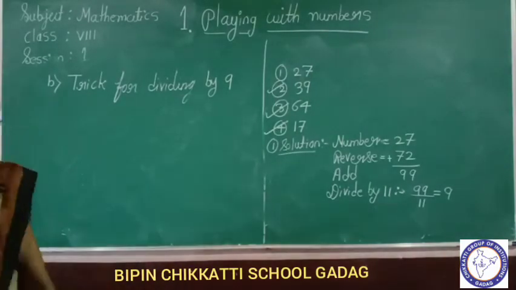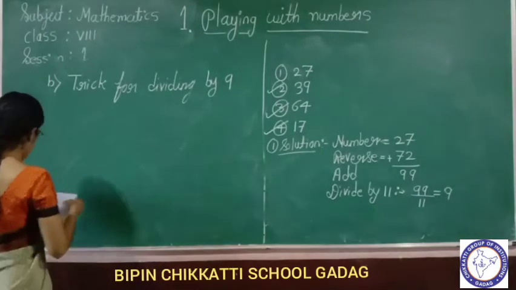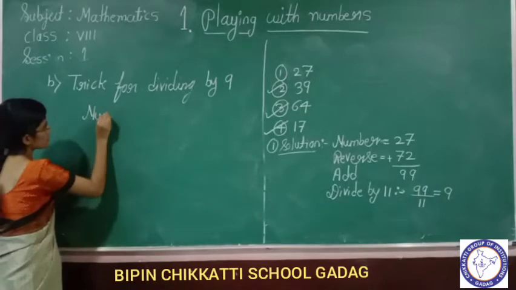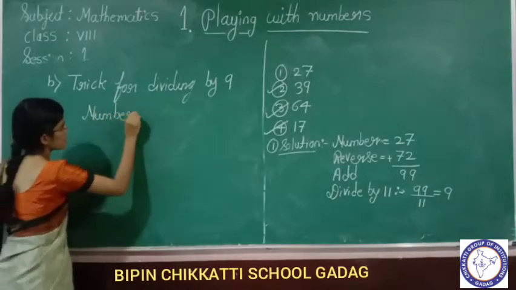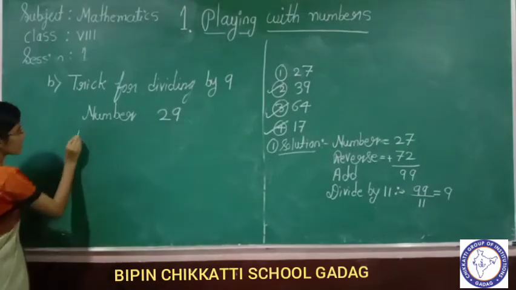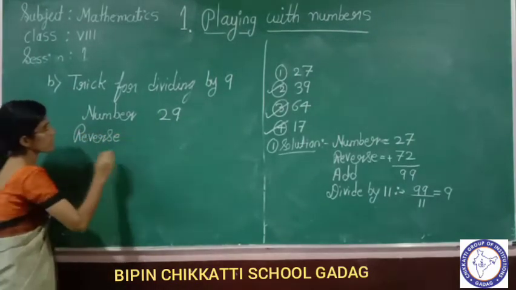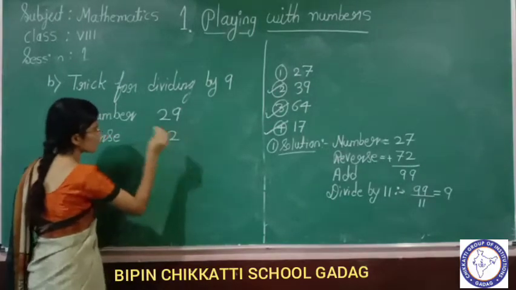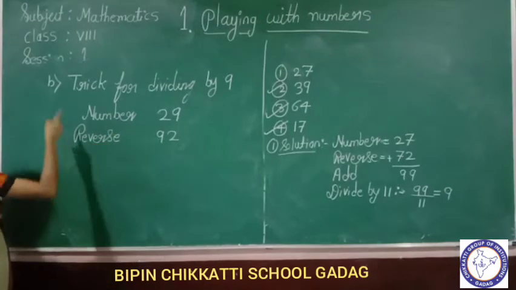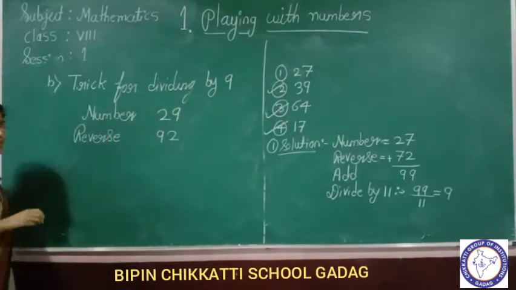Now see here students, take any 2-digit number again. I am going to take the number 29. Again reverse this number. If you reverse it, we are going to get 92. In 11 we have to do addition. In the trick for dividing by 9 we have to do subtraction.